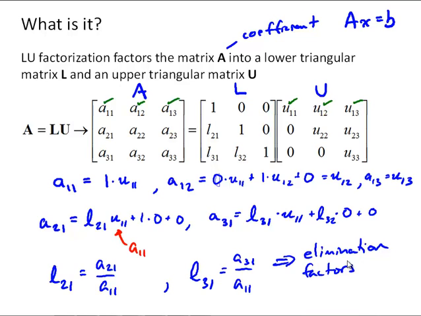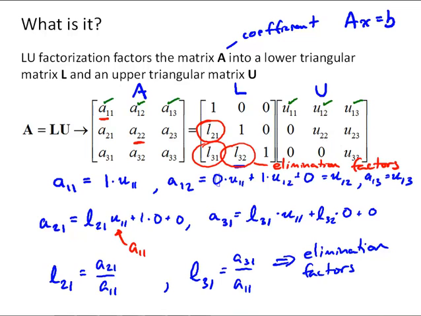It turns out that that is also the case for L32. So the end result is L21, L31, and L32. Those are our elimination factors as we reduce the rows under the pivot elements U11 and U22. So the pivot elements were A11 and A22.